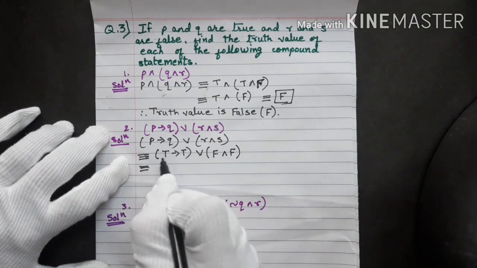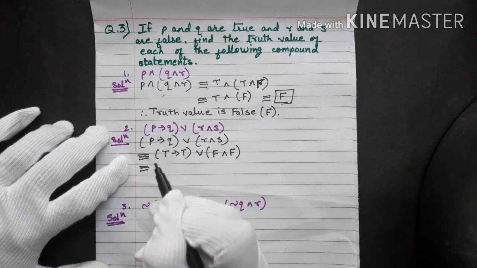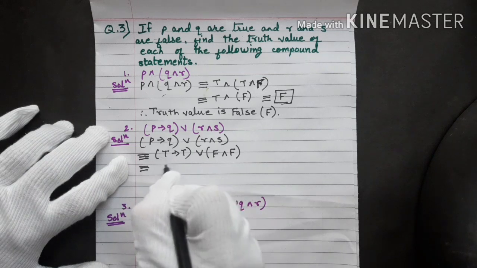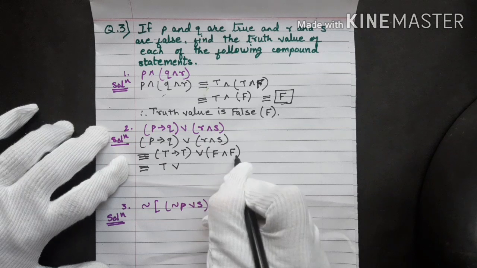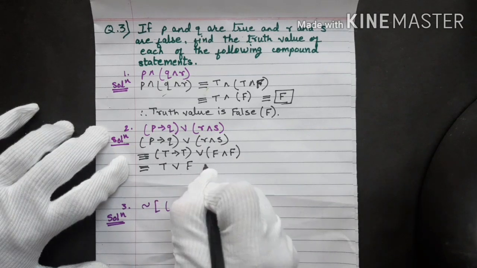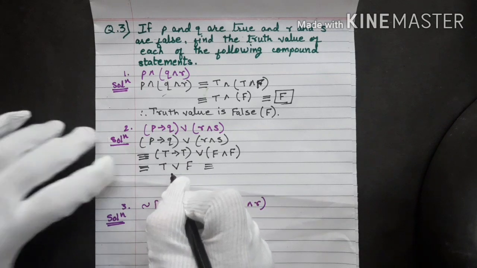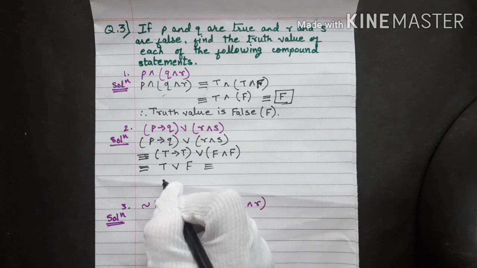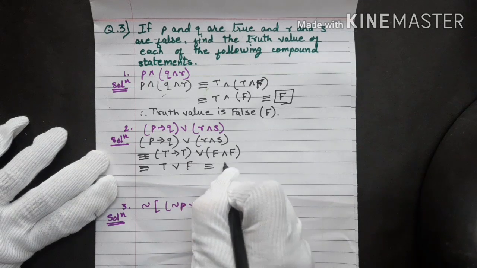So T implies T is T, correct? In implies only for T, F is F, all other true. So over here also you get true, or F and F, F. So this is T or F. Now in OR function only if both the values are false then the answer is false, otherwise it is true.